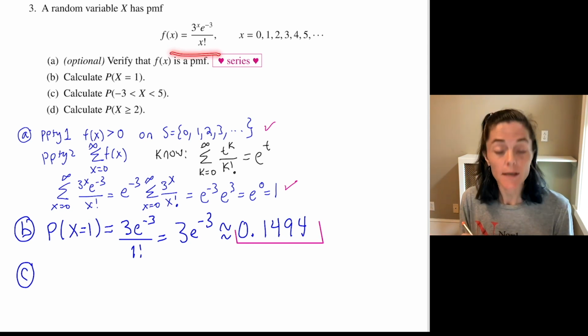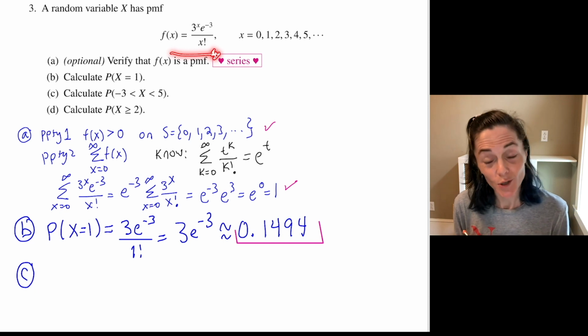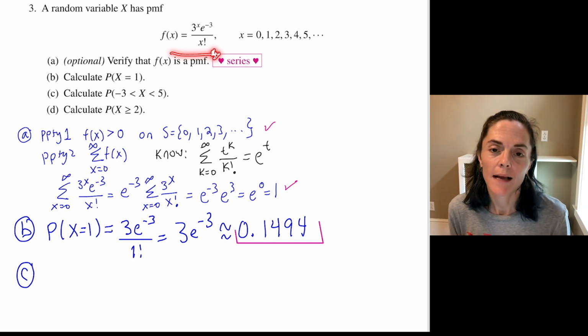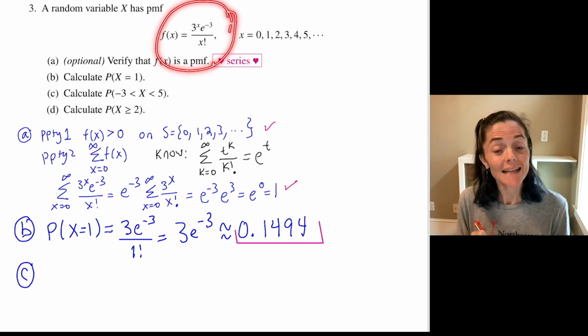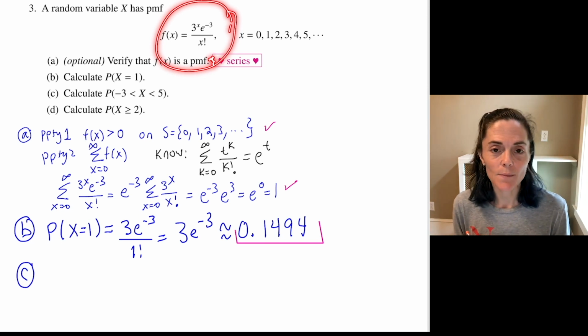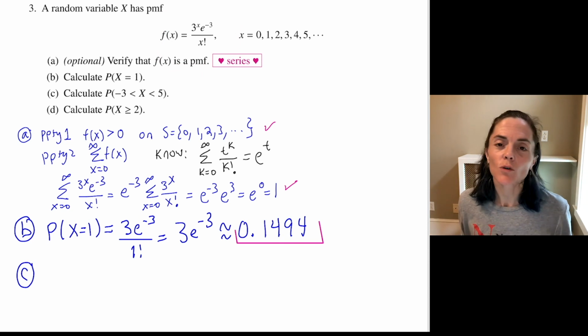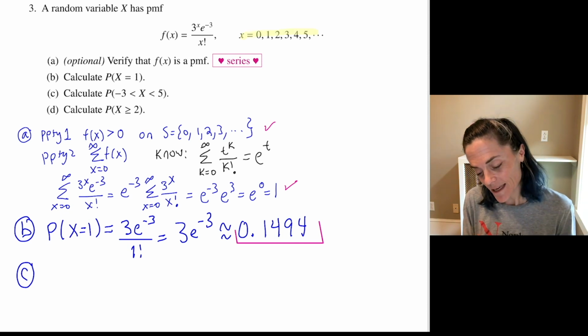If you tried to add this, say minus 2, minus 1, 0, 1, 2, 3, 4, that is not correct. In fact, this function is not defined at x equals minus 2. It is not defined at x equals minus 1 as a formula because the factorial is only defined on non-negative integers. So you really need to look at this.